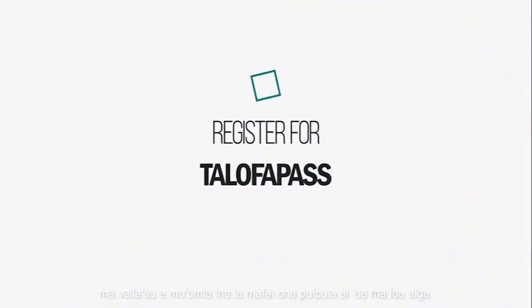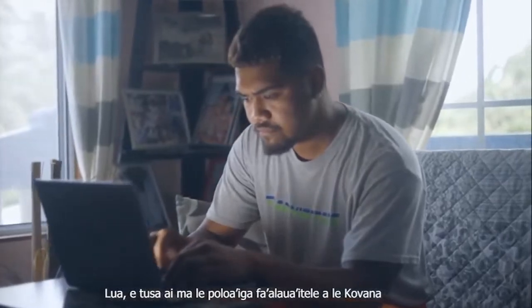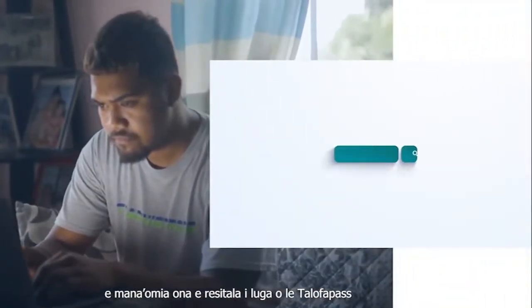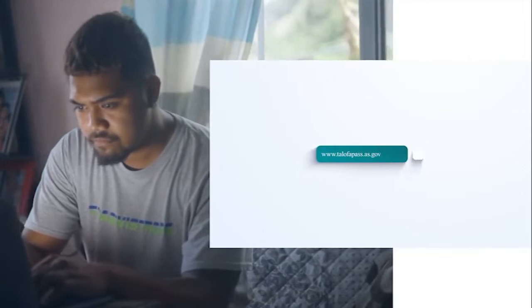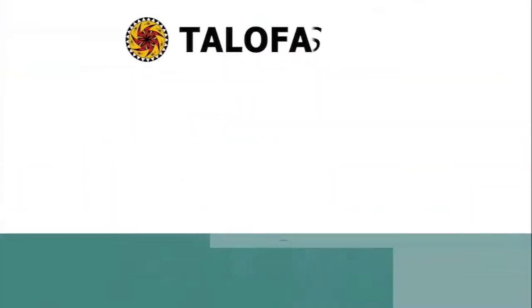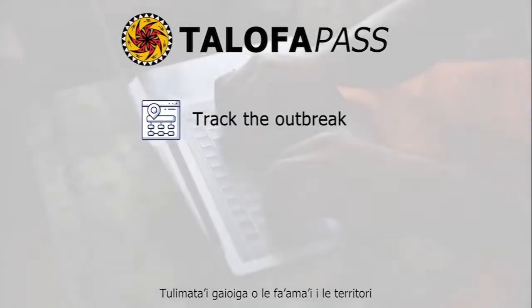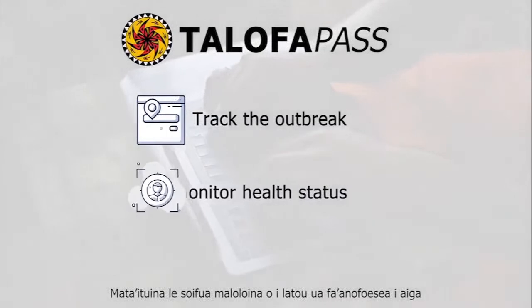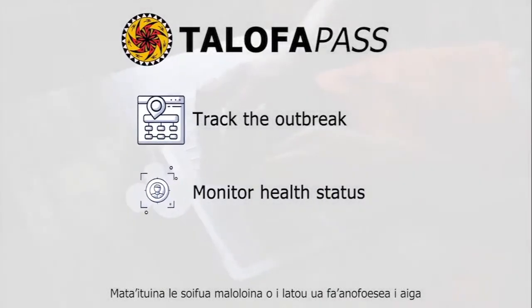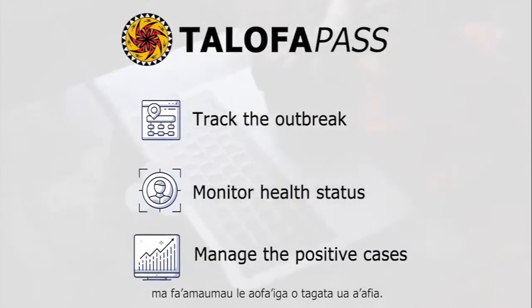Second, pursuant to the Governor's Emergency Declaration, you are required to register on Talofa Pass. The government uses the Talofa Pass contact tracing module to track the movement of the outbreak across our country, monitor the health status of those in isolation and quarantine, and to manage the volume of positive cases.